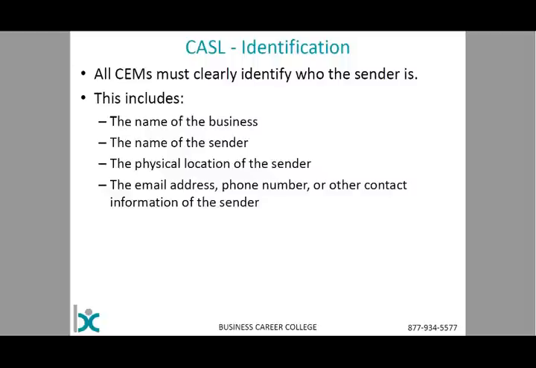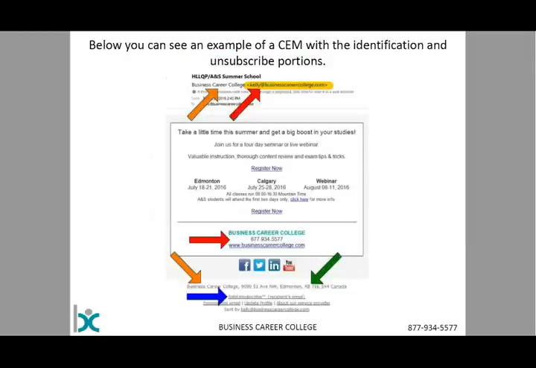This means the specific person who's sending this message out to the client. In this example, we can see that Kelly, a person in our marketing department, sent this message out, and we've identified Kelly with his email address in the first or second line of this email. You can see that this has been sent from Kelly at businesscareercollege.com.